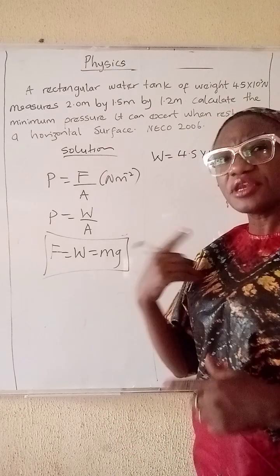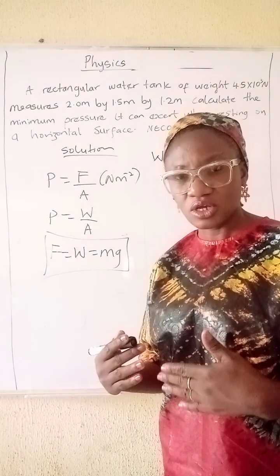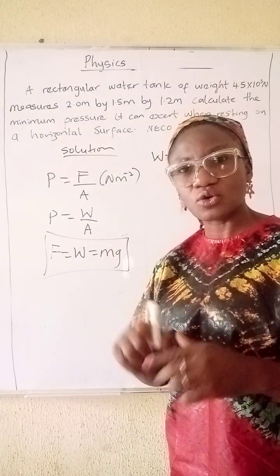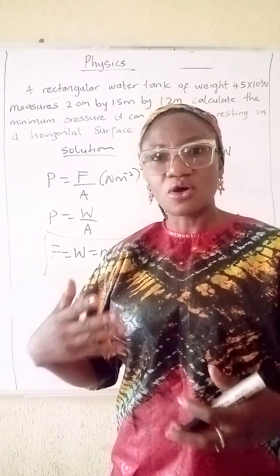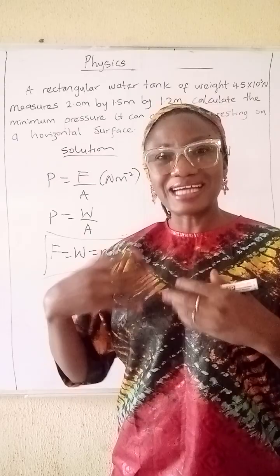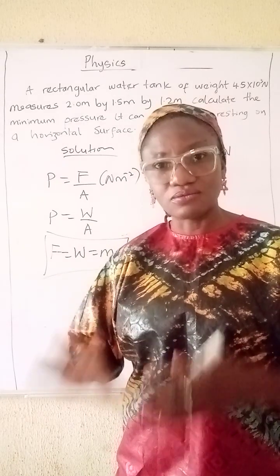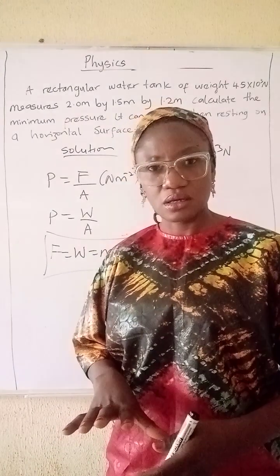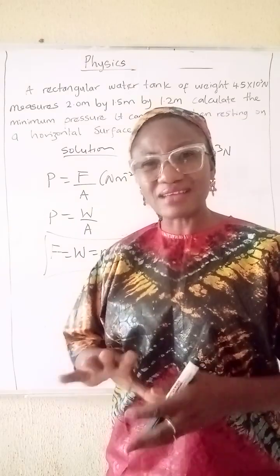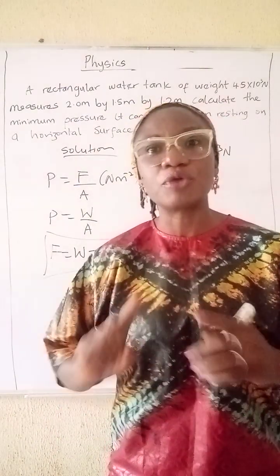Now, the minimum pressure means you have to find the minimum pressure, it's not given. The minimum pressure is where the weight of the tank will rest the most. The greatest area of the tank is where the minimum pressure can be obtained.